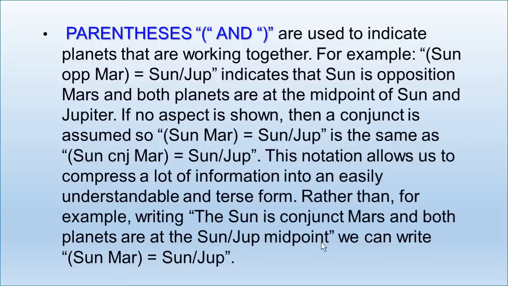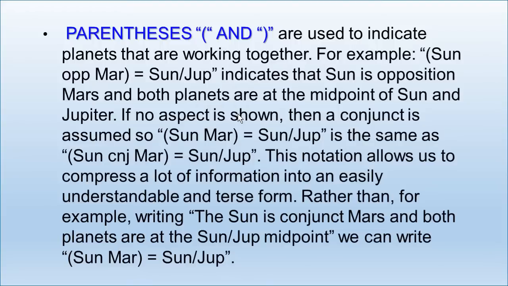Especially in mathematics, it's used all the time. So, for example, here's a note. If somebody writes, open parenthesis, Sun opposition Mars, close parenthesis, equals Sun/Jupiter. What does it mean? Should be pretty obvious, right?